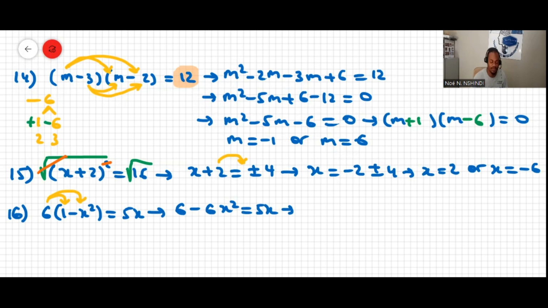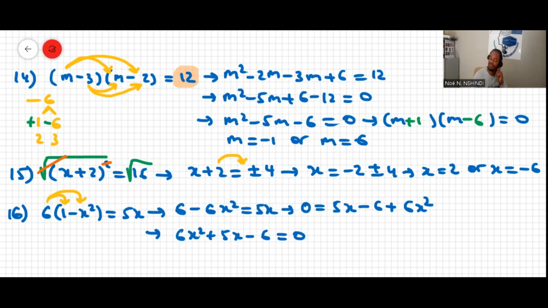So that will be 0 equal to 5x minus 6 plus 6x squared. Then we can rearrange. That makes 6x squared plus 5x minus 6 equals 0. Now we can solve by using the quadratic formula or by factorization.